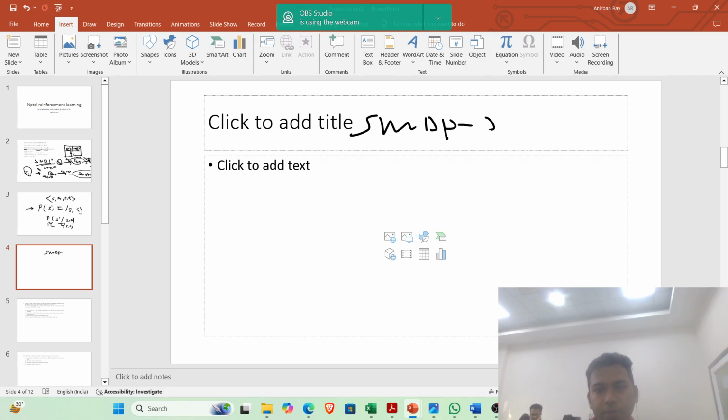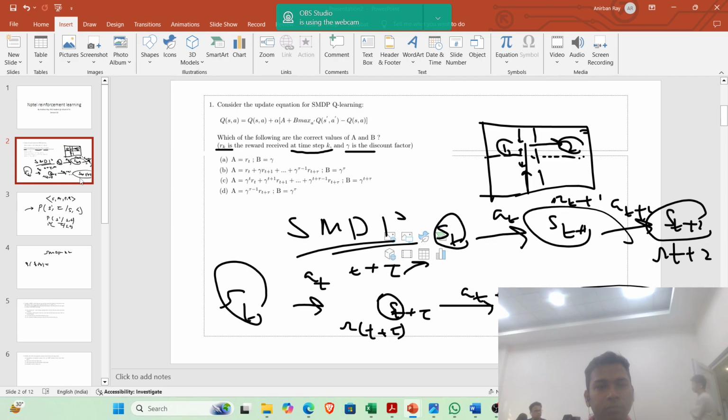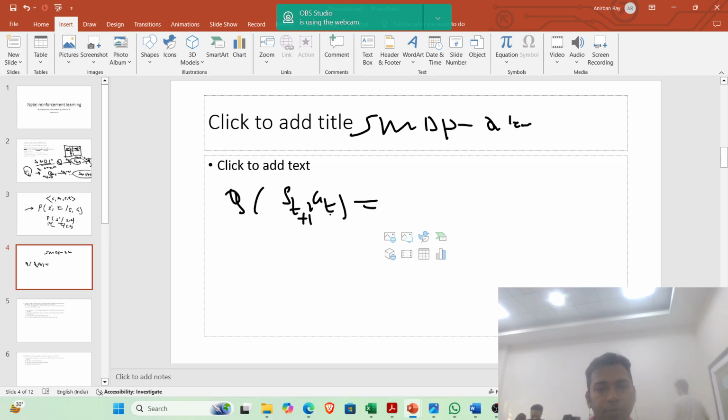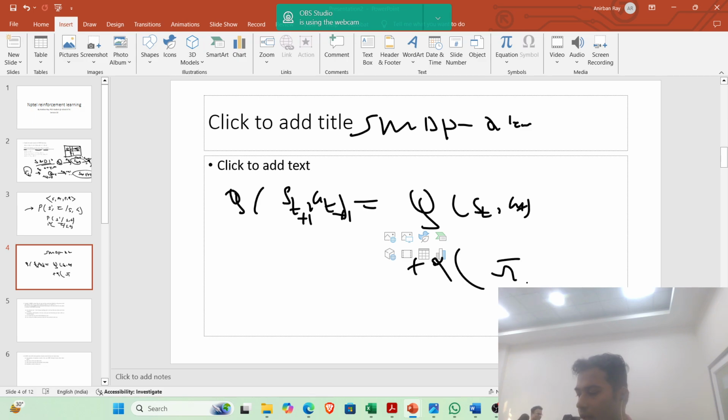Next is SMDP Q learning. So what is the Q learning formulation for SMDP? Q of S_t, A_t is updated at t plus 1 with alpha times R bar t plus tau, and this is the discount factor.